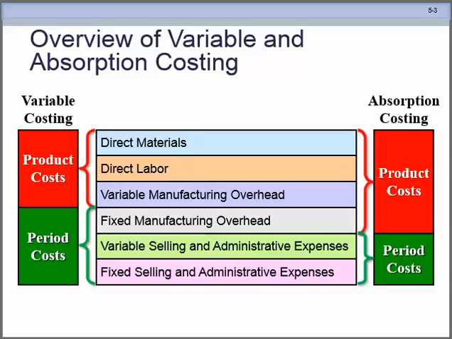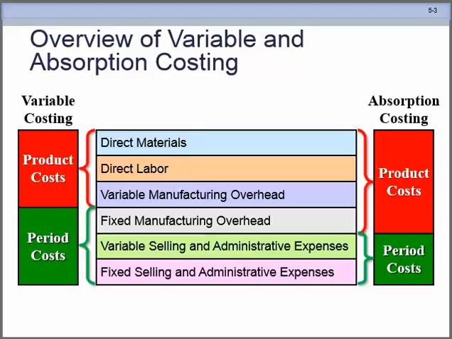Okay, so variable costing treats only those costs of production that vary with output as product costs. So, in other words, we're only looking at the costing as it applies to production at this point, and that's for variable costing.